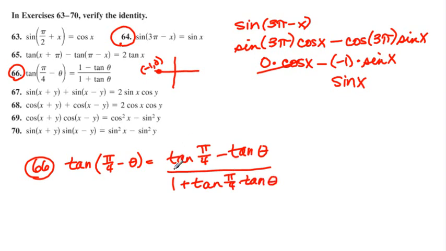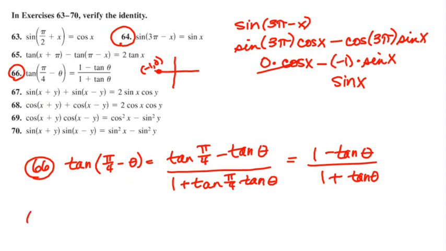Well, what is tangent of pi over 4? Right, that's where sine and cosine are the same, so when we divide it we get 1. So that's 1 minus tangent of theta divided by 1 plus 1 times tangent of theta. I'm sorry, I said minus again, it's plus tangent of theta. And we've shown exactly what we needed to. Okay?